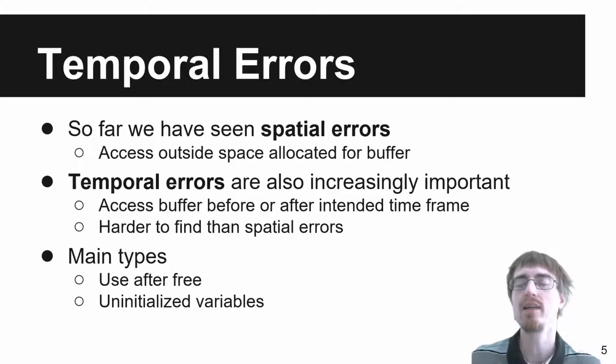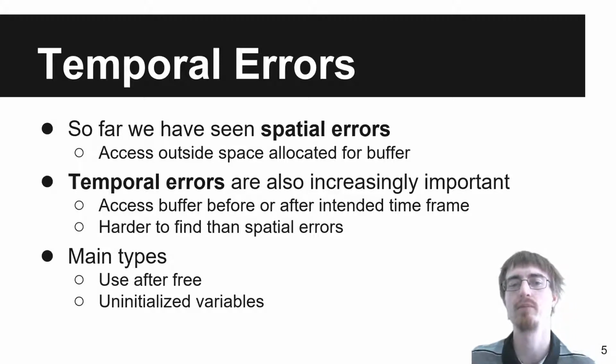The main types that we will discuss here are use after free and uninitialized variables, where use after free means basically that we use the buffer after its intended usage was ended, so after it's been deallocated, and uninitialized variables are used before they were intended to be used, in particular before they were initialized with a value that can be read from them. Both are important classes of errors that remain even as spatial errors are being cleaned up.